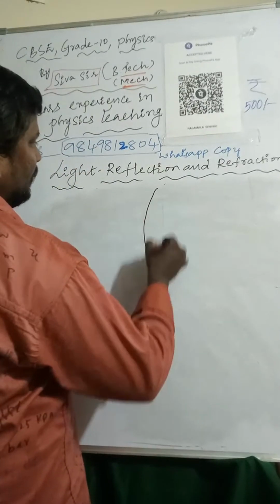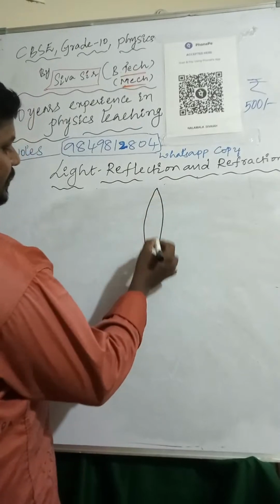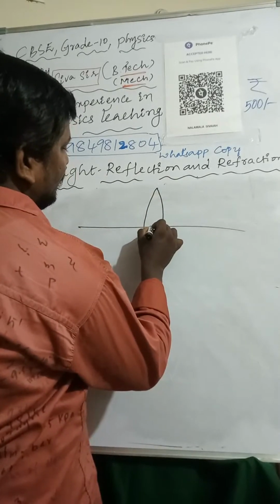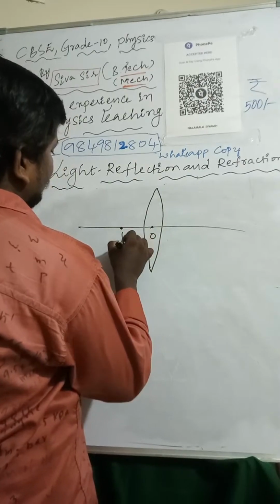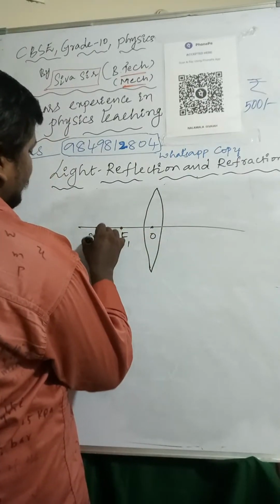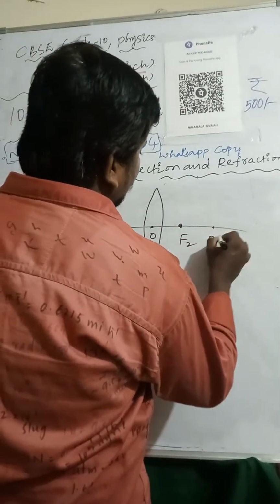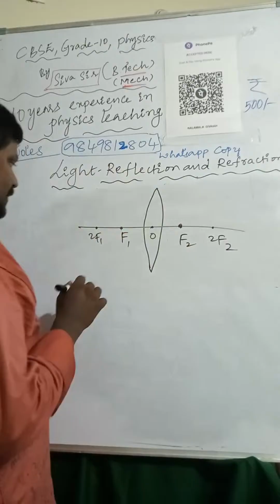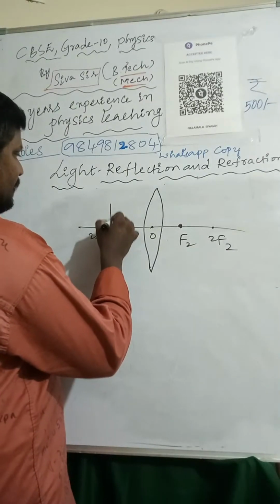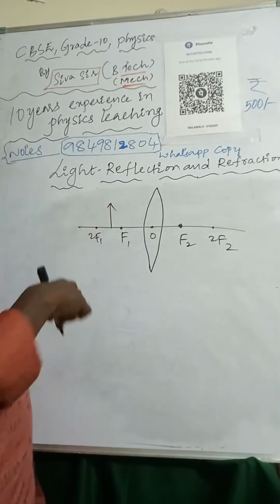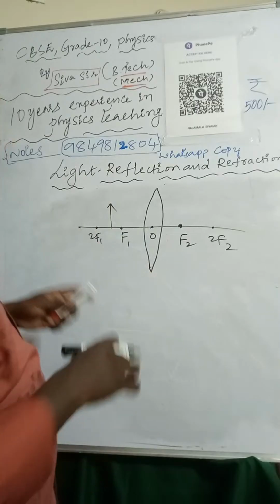So next, coming to the next position. Optic center, f1, 2f1, f2, 2f2. So the object is placed between 2f1 and f1.